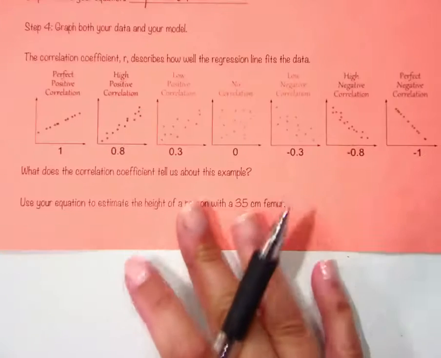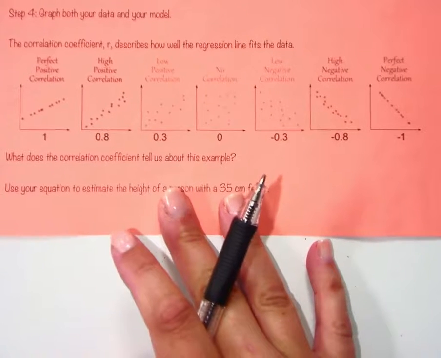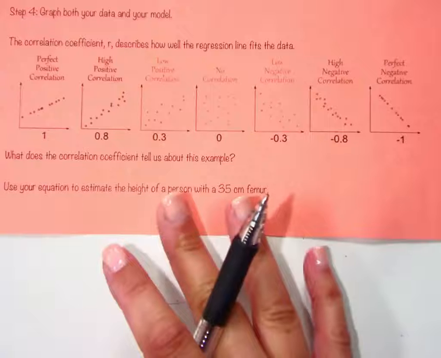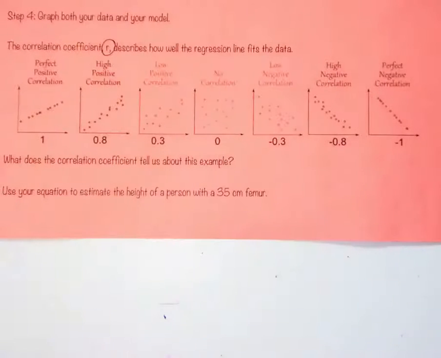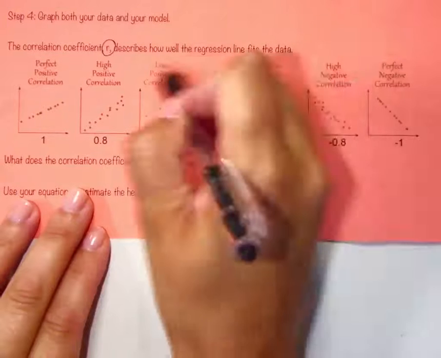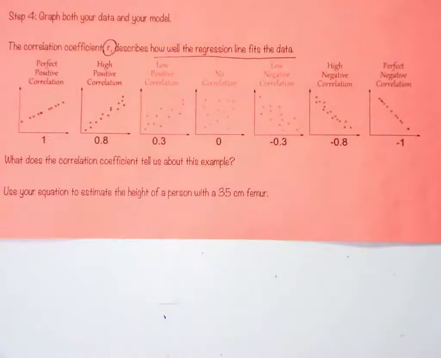All right, last thing is what we call the correlation coefficient, and that is denoted by a lowercase r. And basically what the correlation coefficient tells you is how well your equation fits the data.